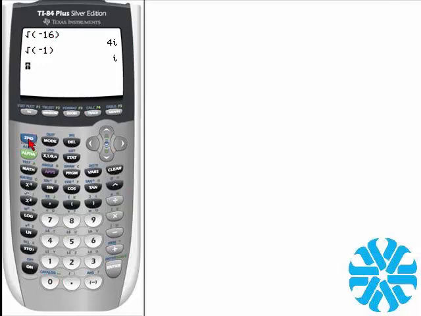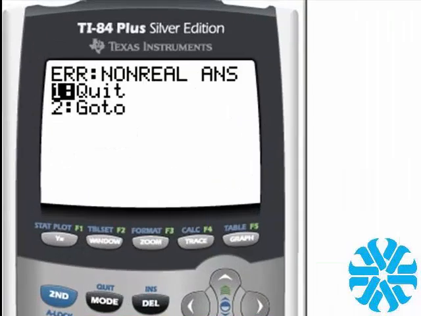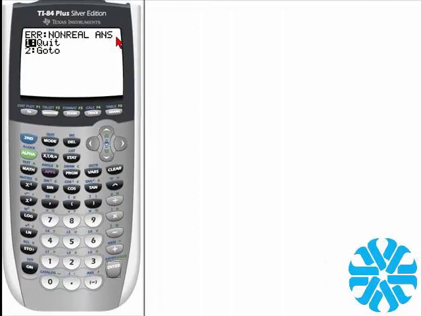So let's go second function, and then the root key, and let's enter in negative 16 again, close the parenthesis, and select enter. See, it gives us an error. It says non-real answer. Okay? So I just wanted you to be aware of how answers are displayed differently in the real and complex modes.